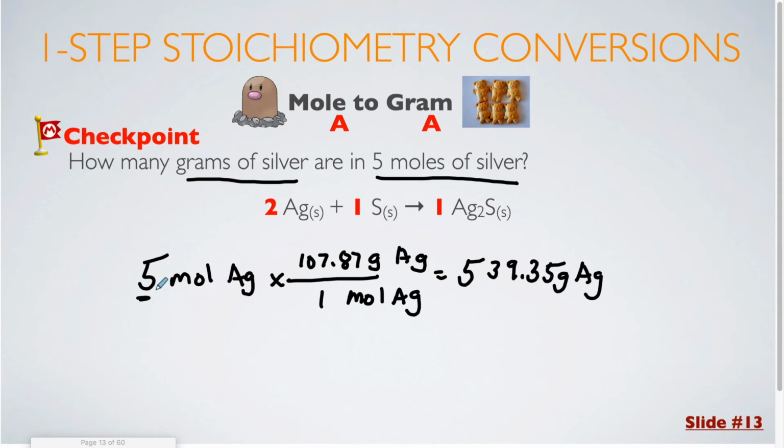And this 5 only has one significant figure, which means I need to round this number right here to one significant figure as well. That means I can keep the 5, but I can't keep any of these other numbers after it. I do need to keep this 5 within the hundreds place, so I can use 2 zeros as placeholders, as long as I do not add a decimal. So our final answer here is going to be 500 grams of silver.